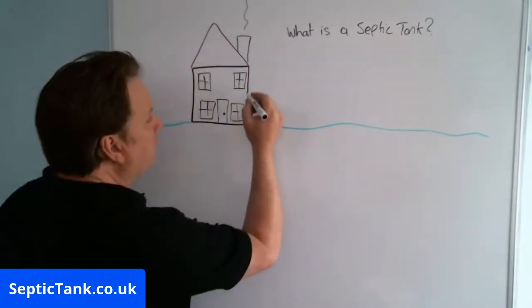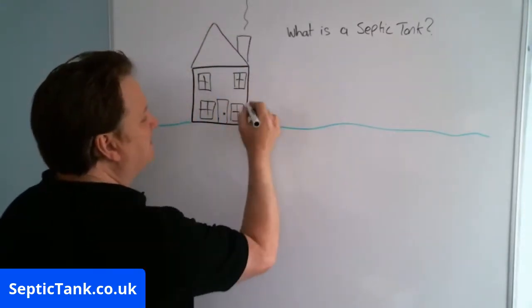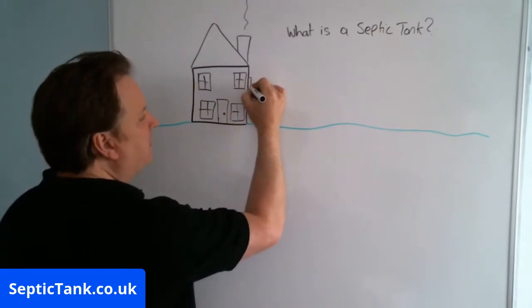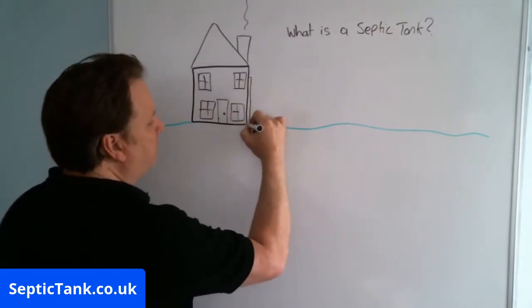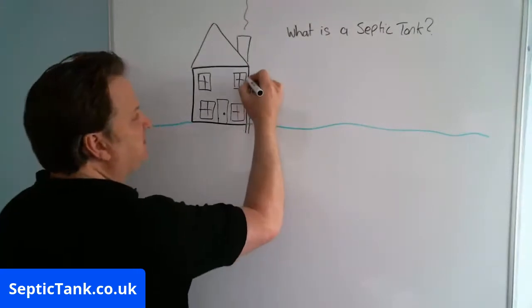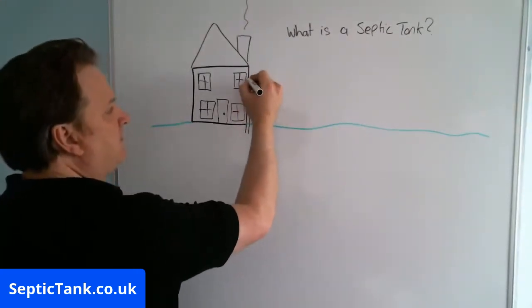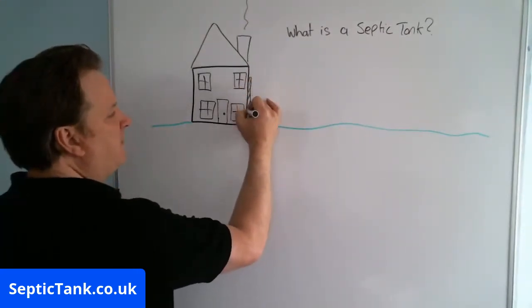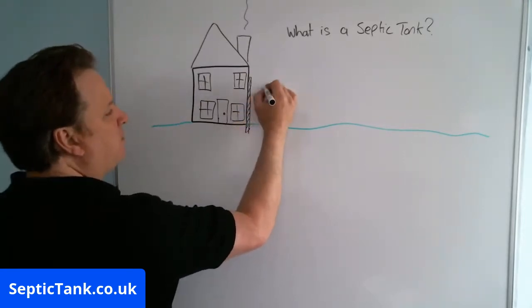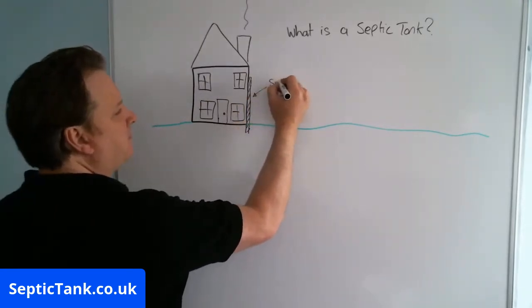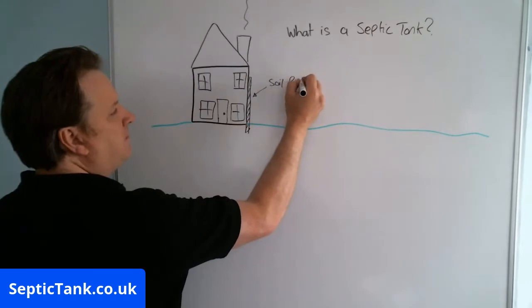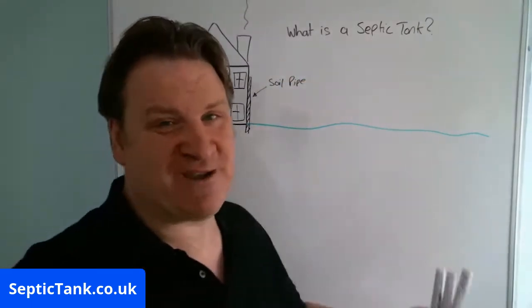So you'll have your house here, and somewhere on your house, and I'm just going to put one here, there'll be a soil pipe. All right, so this pipe here, we're going to call that a soil pipe. Okay, that's pretty straightforward, isn't it?